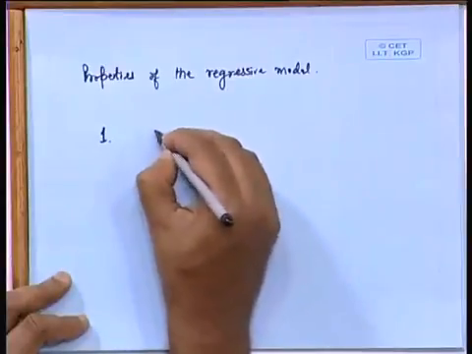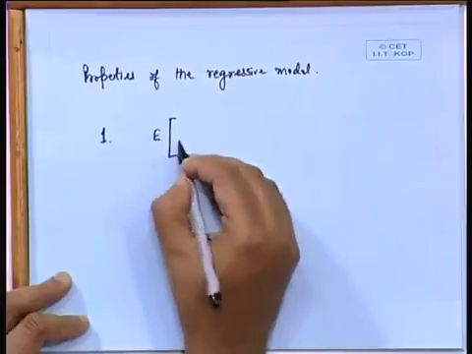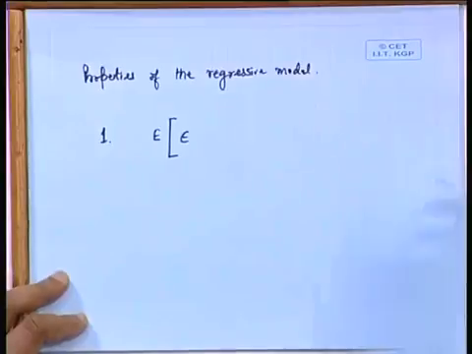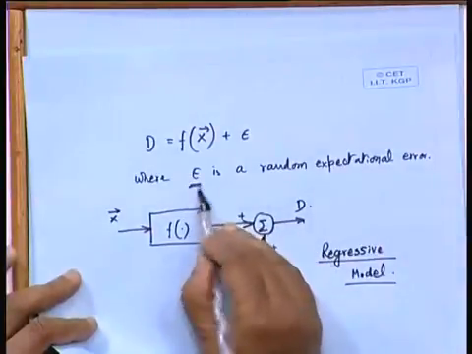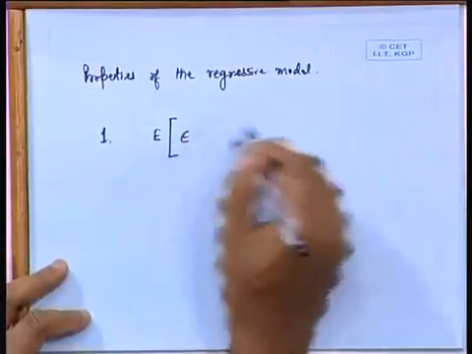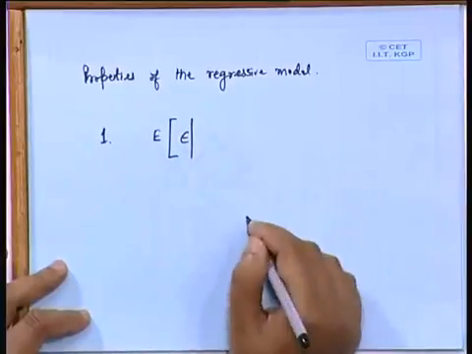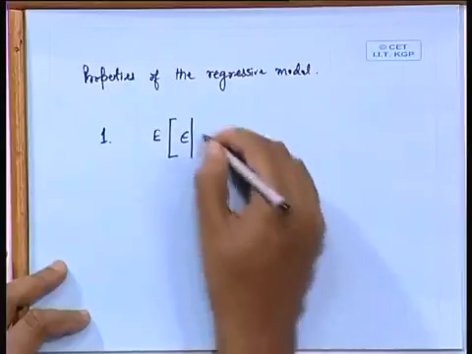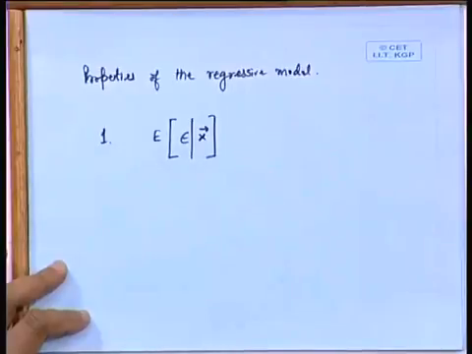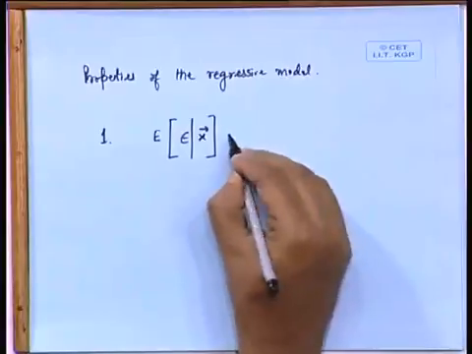That means the expectation of epsilon, the expectational error, given any realization of the x vector, will be equal to 0.